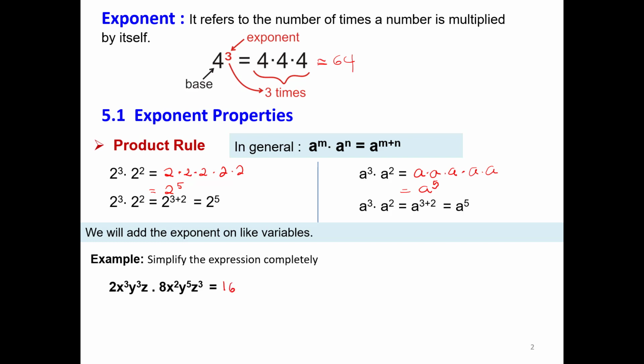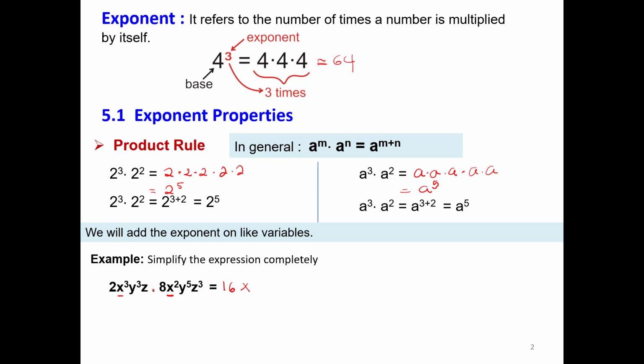Here I will write all the steps. Then x to the third. Now we need to find the variables that are the same, like variables where we have the same base. Then x to the third, x to the second.